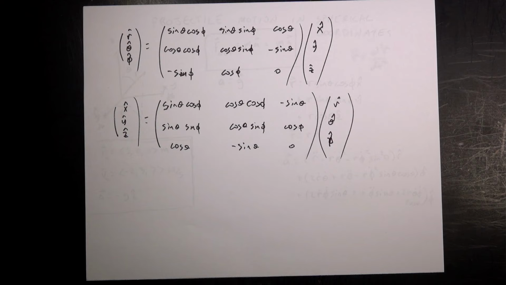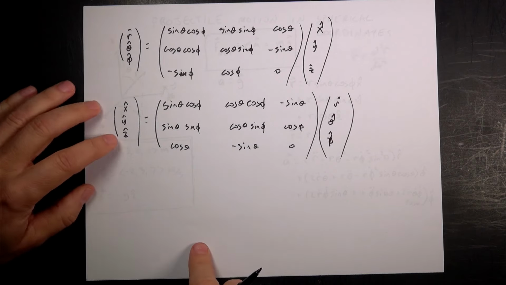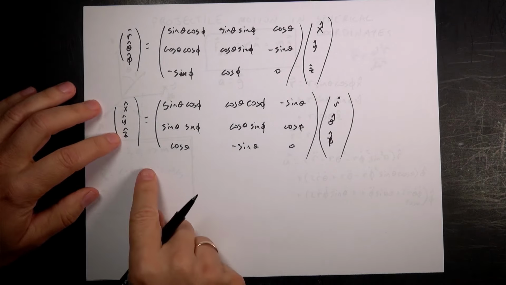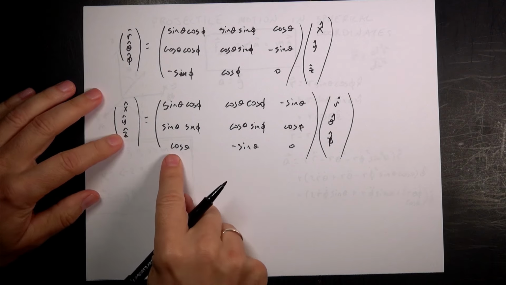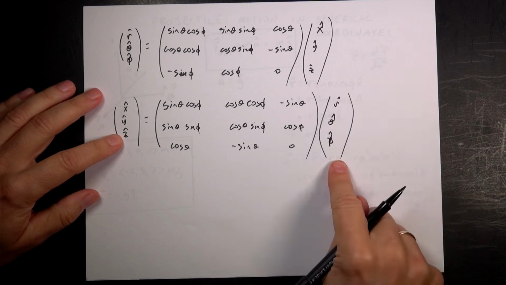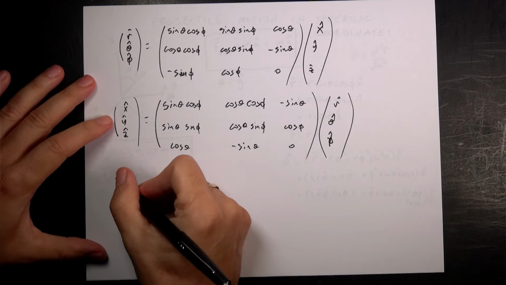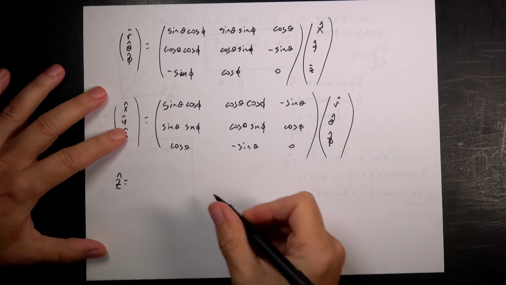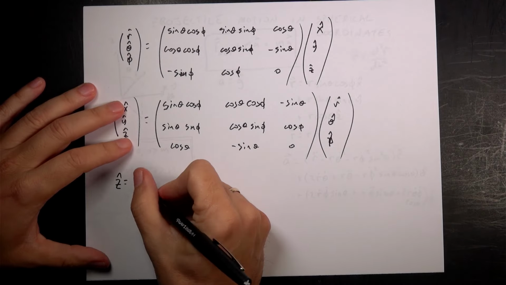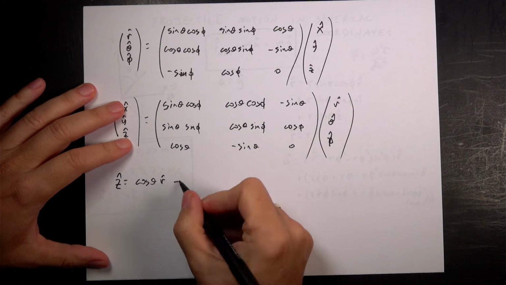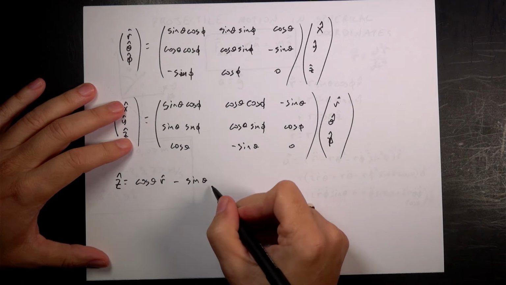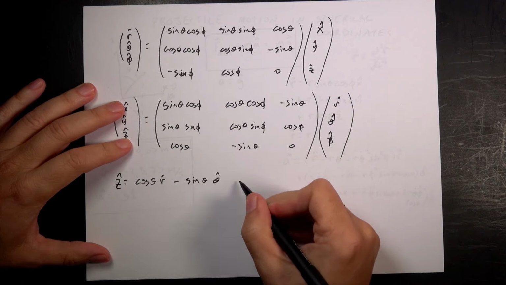Now I don't need all the unit vectors because the acceleration just depends on the z direction. So which one of these would give me the z hat? It would be this row operated on that vector. So I can write z hat equals cosine theta r hat minus sine theta theta hat plus 0.